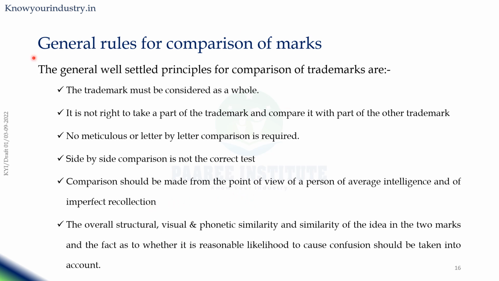The overall structural, visual, phonetic similarity and similarity of the idea in the two marks, and whether there is a reasonable likelihood of causing confusion, should be taken into account.